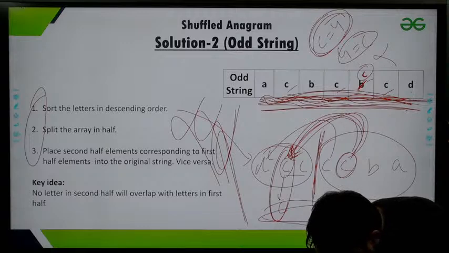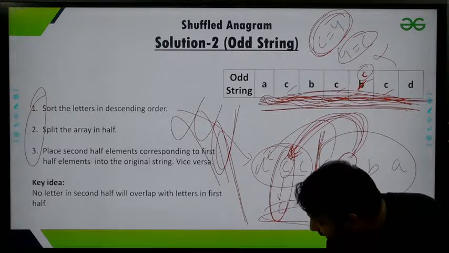And Rahul is saying, in that case, a shifted anagram is not possible. Very good, Rahul. Utkarsh, it will overlap with each other. Mitali says if we split 4 and 3, then the answer changes. Rahul and Kaushik, you are very right.